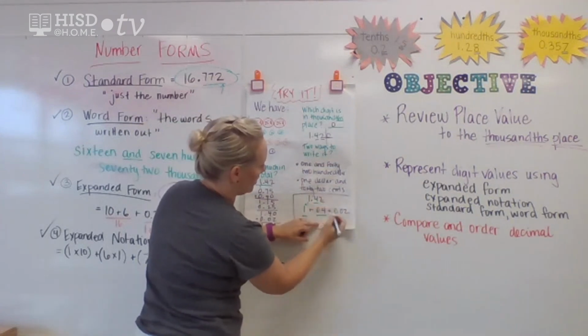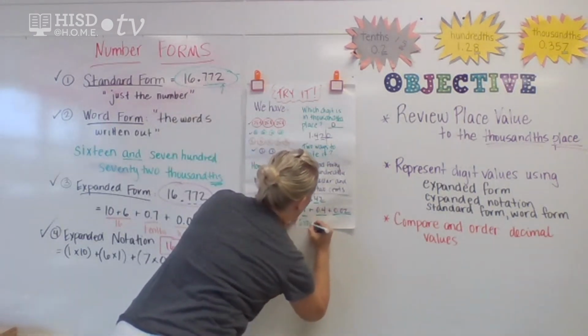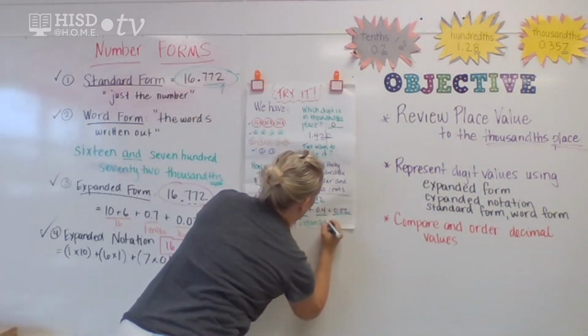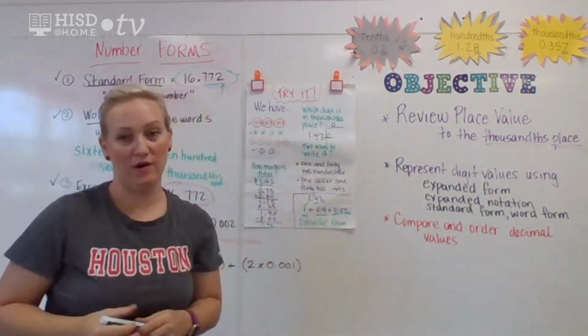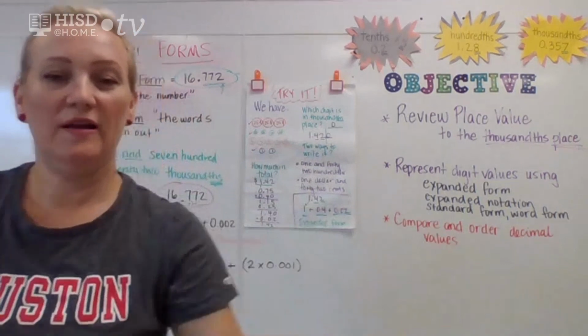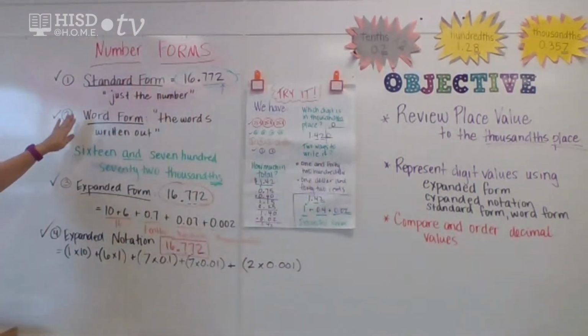And I took the 2 hundredths and I put it there. And that was called expanded form. I know I write fast. Everyone tells me that. But expanded form. Standard form, word form, expanded form, expanded notation.